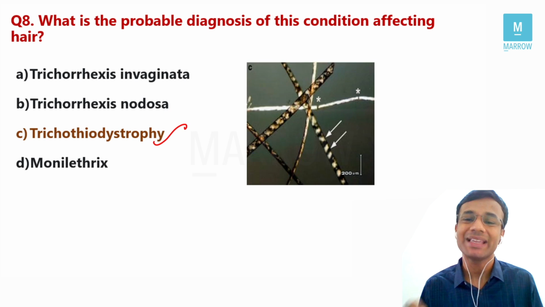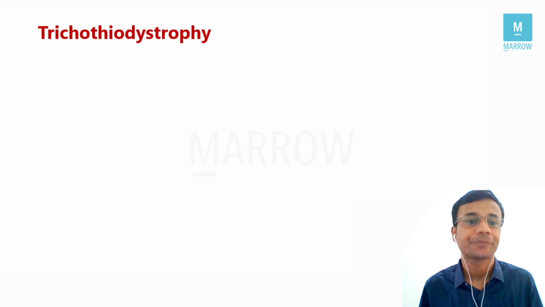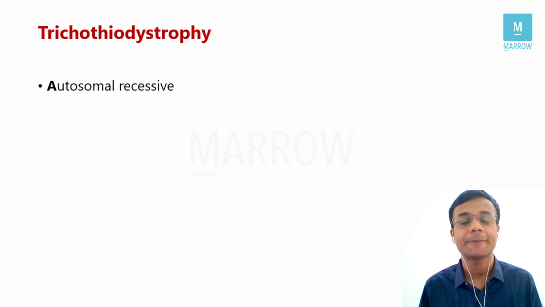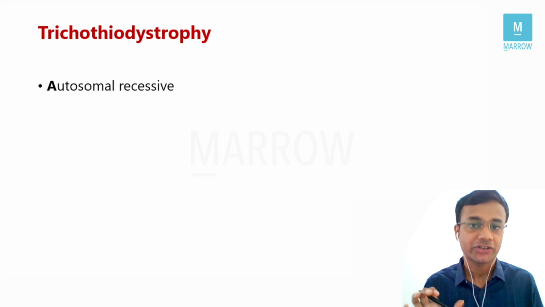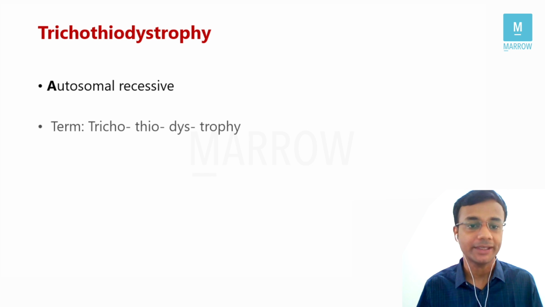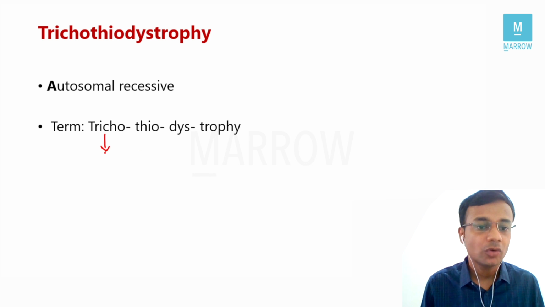Since it's a new topic, let us learn something more about it. What is trichothiodystrophy? This is an autosomal recessive disease, so this is point number 1 to remember. Point number 2, let us try to split the word trichothiodystrophy. Tricho means hair.